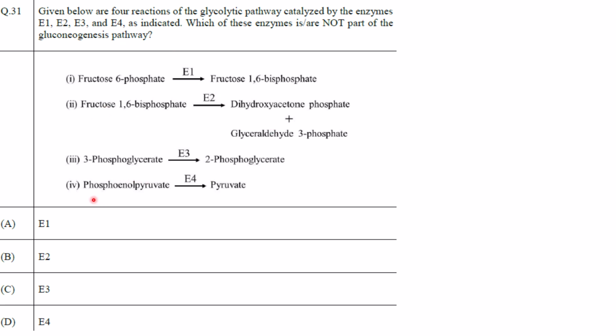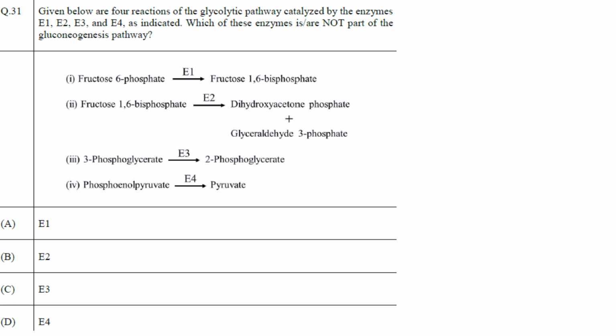Then phosphoenol pyruvate to pyruvate, that is E4. E4 in glycolysis is catalyzed by pyruvate kinase. Whereas the step pyruvate to phosphoenol pyruvate is catalyzed by pyruvate carboxylase and phosphoenol pyruvate carboxykinase in the gluconeogenesis pathway.